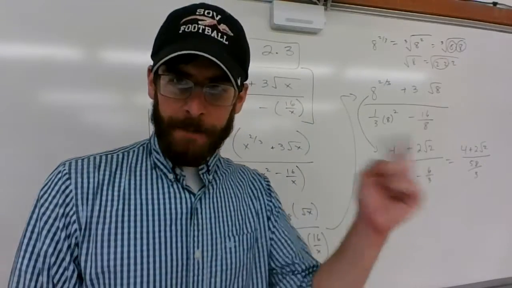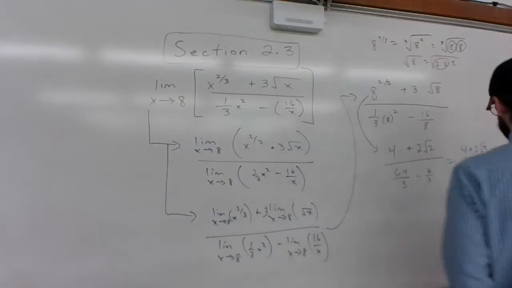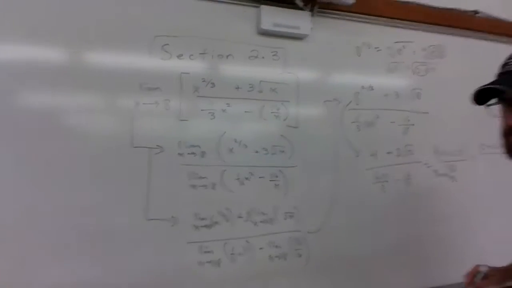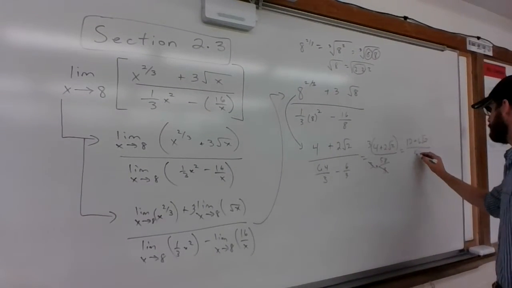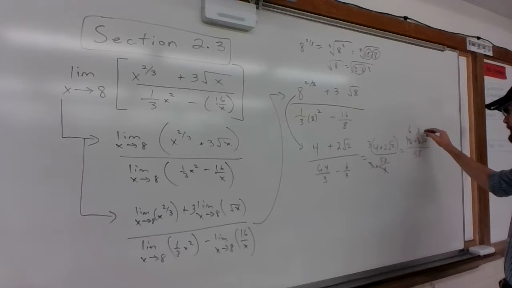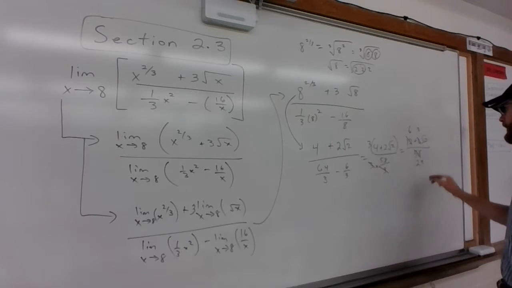If I multiply the top and bottom by 3, it gets rid of this 3 in the denominator here, and then you're left with 12 plus 6 root 2 over 58. Divide this by 2, and this by 2, and it simplifies it to 6 plus 3 root 2 over 29.